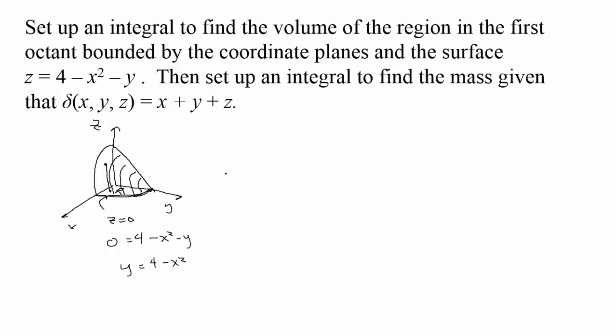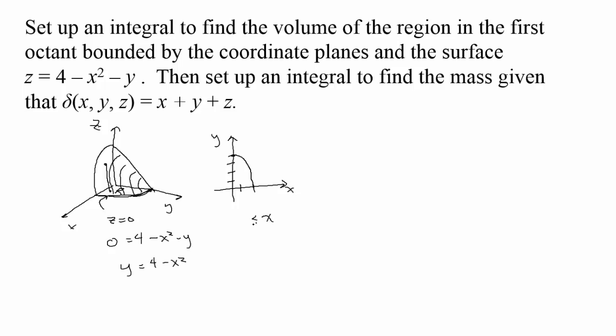So if I just look at the region R, I'm going to draw it in the xy plane so that I can see it. y equals 4 minus x squared is a parabola. When x is 0, it's 4, and when x is 2, it's 0. So we have a parabola like this. And we can set up bounds for this pretty quickly.